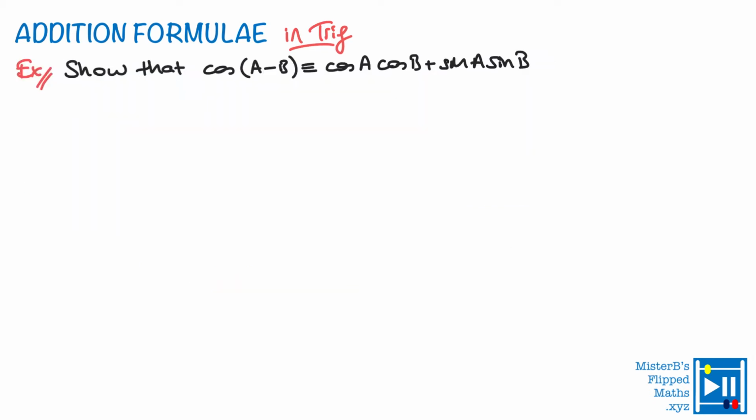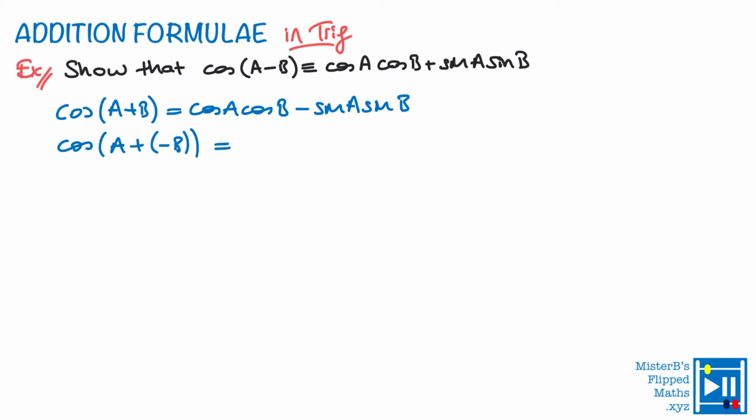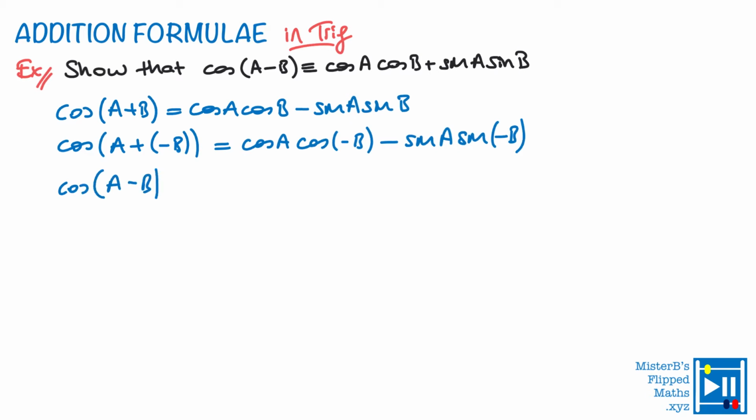So if we use the cosine A plus B expansion, but just substitute negative B for B, we're going to get the following. Cosine A times cosine negative B minus sine A times sine of negative B. Now, on the left-hand side, it's going to turn into cosine A minus B, as we know.